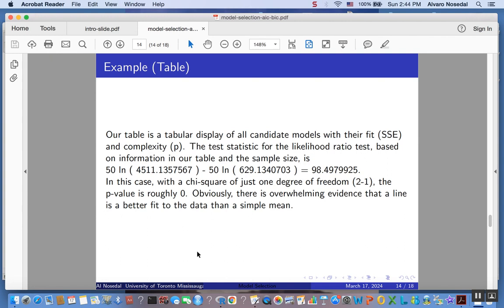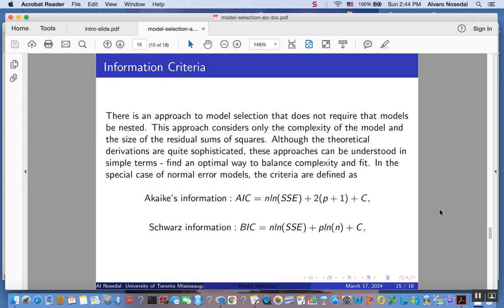So let me show you two different measures that take into account that additional feature, the complexity of your models. We have Akaike's information criterion, AIC for short, and Schwarz information criterion, which they also refer to as BIC, as in Bayesian information criterion.